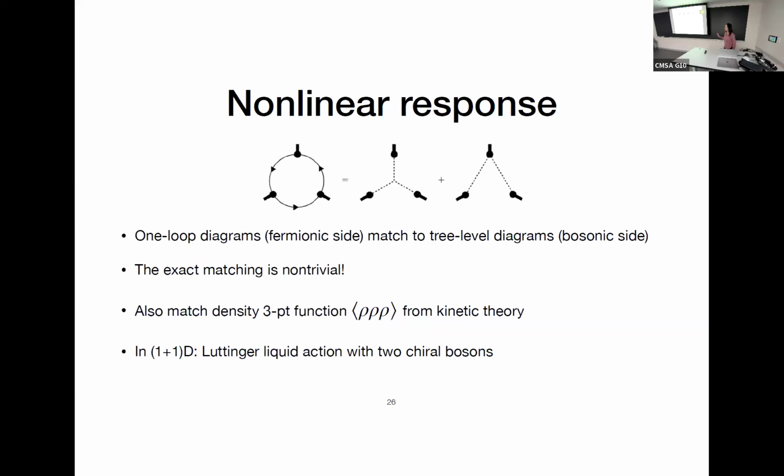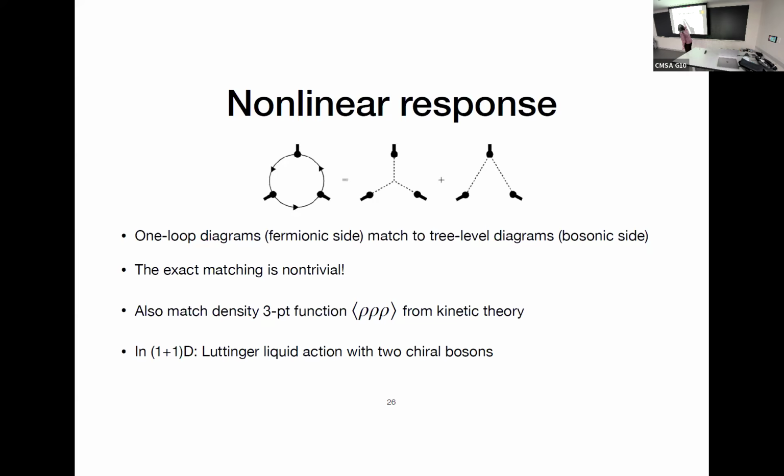And I want to tell you why this nonlinearity can give us some benefit of using this formalism. If you still recall, in the first chapter we talked about how we can use the kinetic theory to compute the linear and nonlinear response. And we can also do that here.